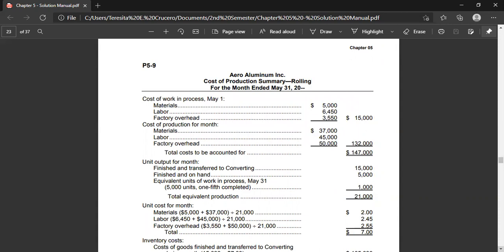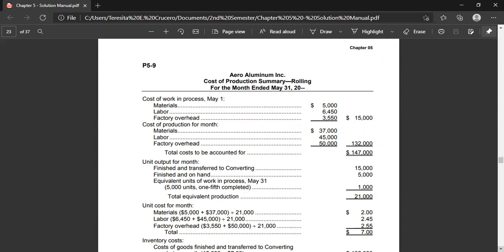Okay. Cost of the work in process beginning May 1 transferred from rolling. So we have materials 5,000, labor 6,450, and factory overhead 3,550, the total of 15,000.